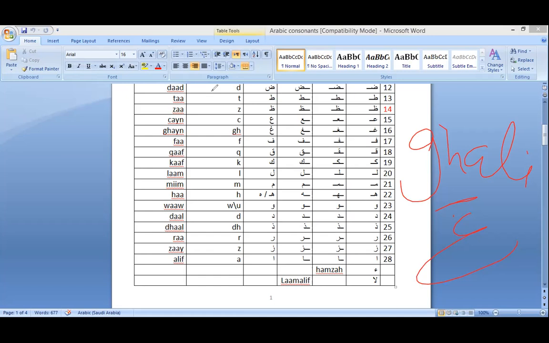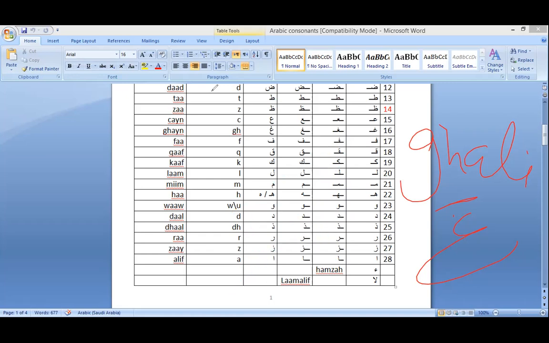A number of words were borrowed from Arabic. They said 22% of Swahili is Arabic. Some people exaggerate up to 40, I think that's just an exaggeration. It is 22%.